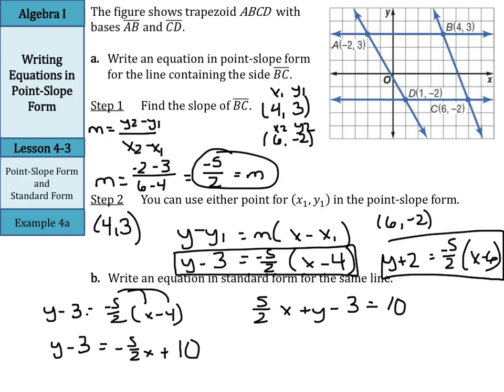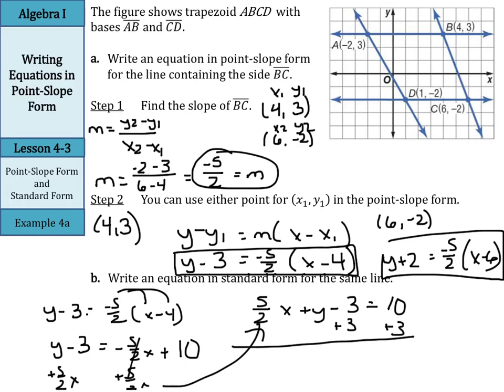Because, if I create some more room here, we added the 5 halves x to both sides, so that can cancel. And we were left up here. Now, we need to add the 3 to both sides. And so what we're left with here is 5 halves x plus y equals 13.